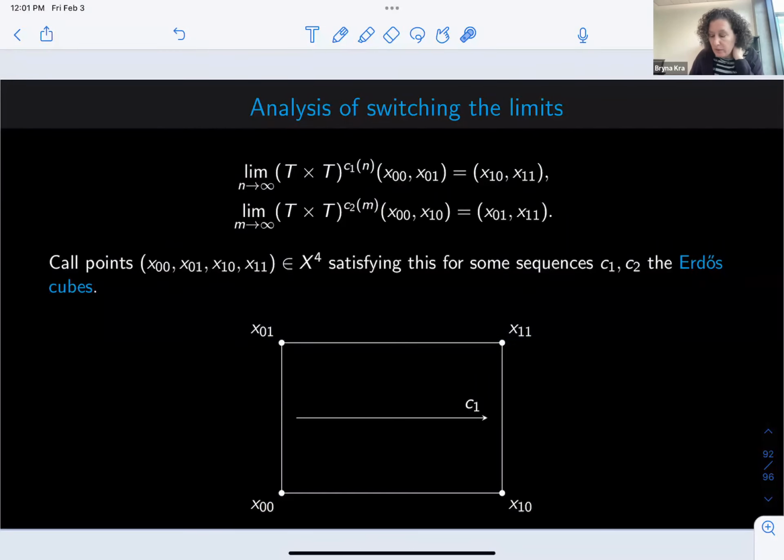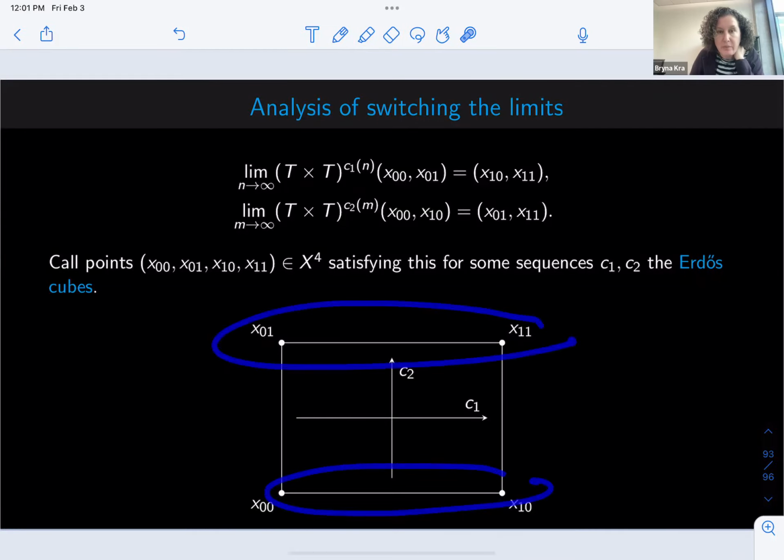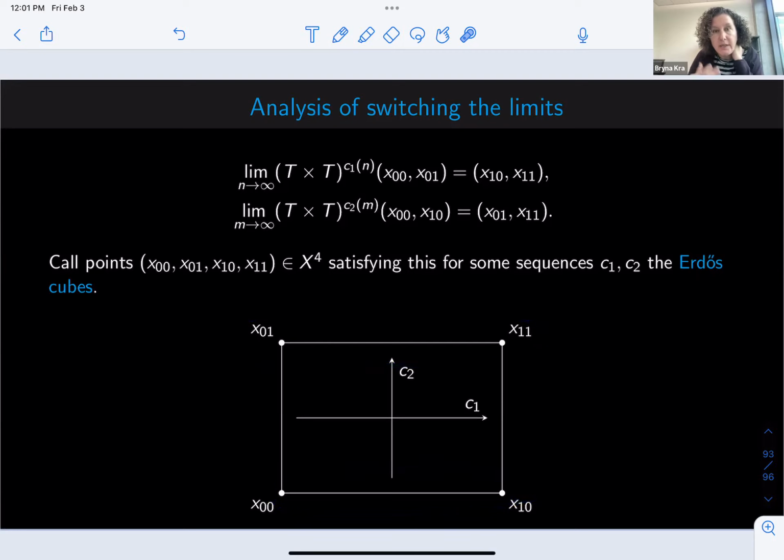And at the same time, you're looking for another direction that when you move in the C2 direction, it'll take these 2 points and move them up to these 2 points. And all of these sequences have to be found so that you can do these 2 movements simultaneously in either direction, and you better always end up at the same point up here.